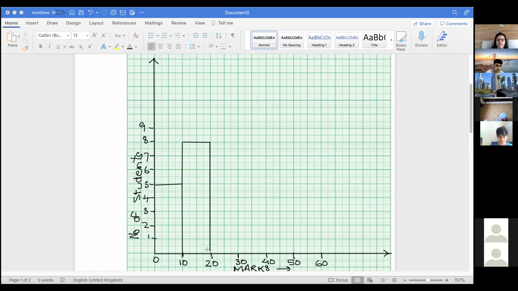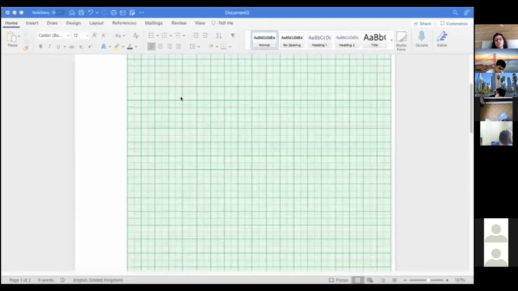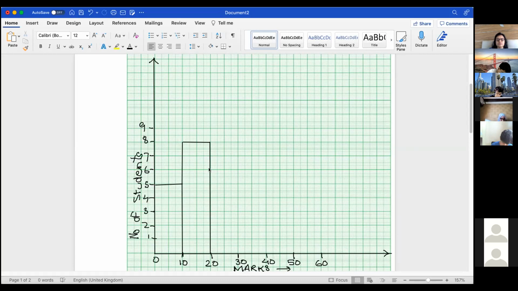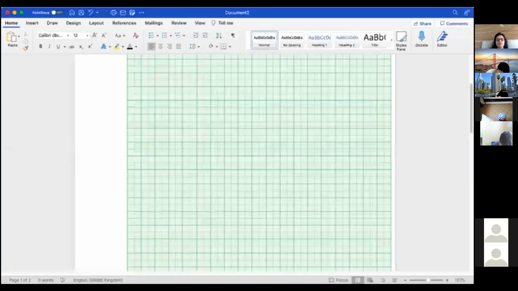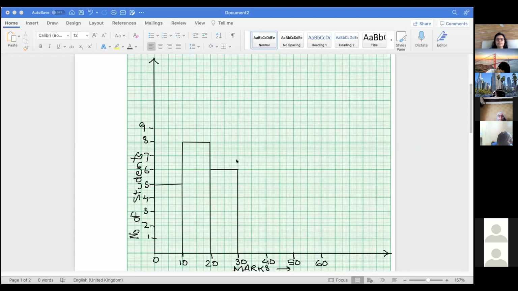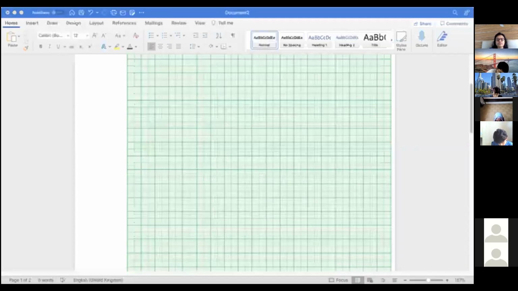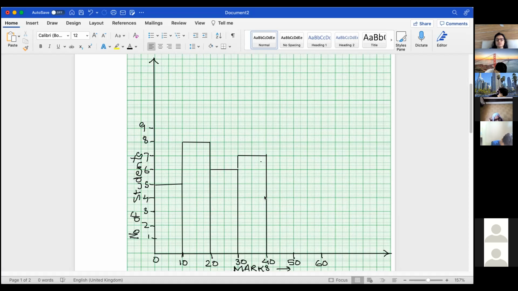It looks better when you take 2 units as one because then you get proper rectangles. 20 to 30 is 6. 30 to 40 is 7. 40 to 50 is 4. Now shade it. I'm not shading.